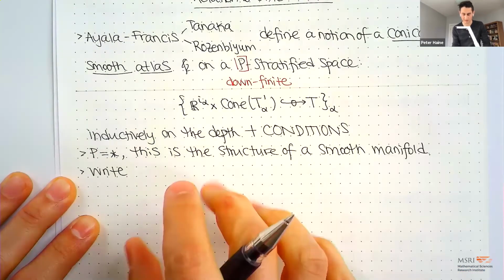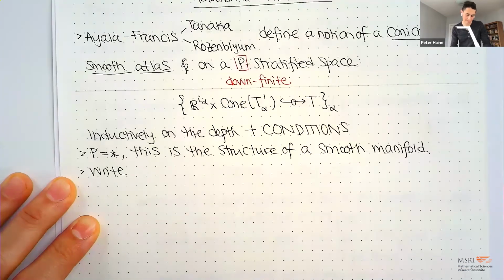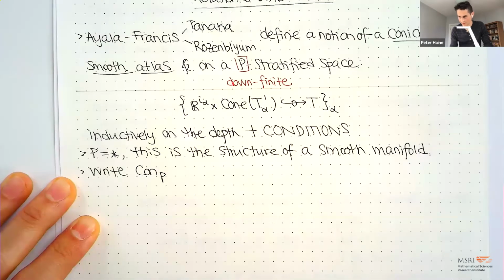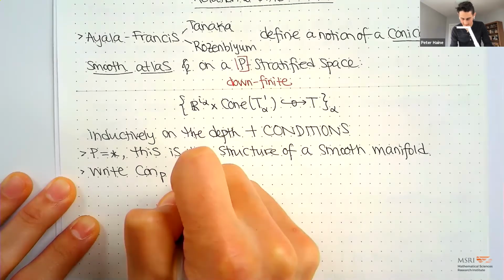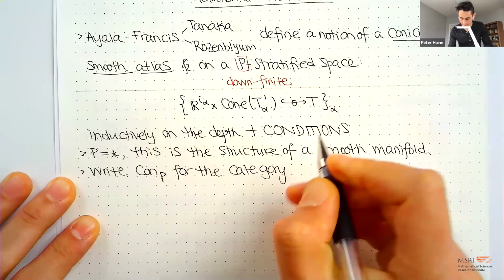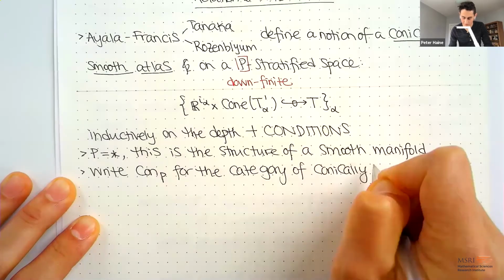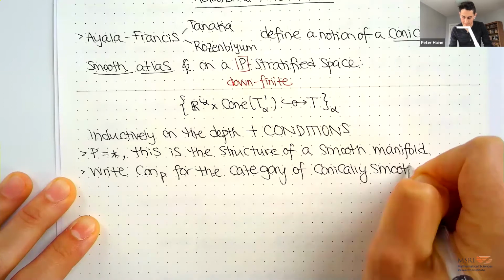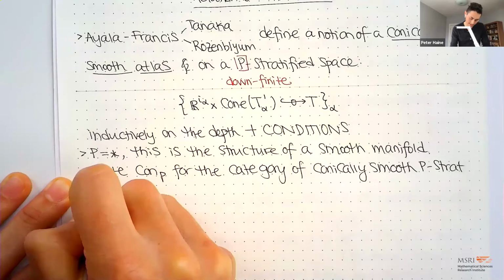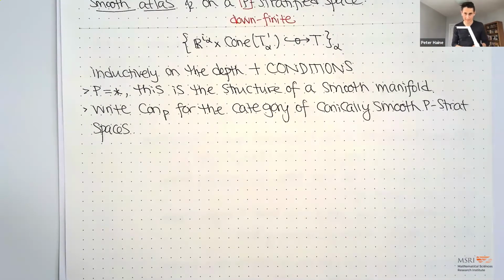So, I mean, you sort of work with all the stratifying posets all at once, but if I fix a poset, so I'll write Con_P for the category of conically smooth P-stratified spaces. So I'm just going to fix a particular poset for convenience of presentation.